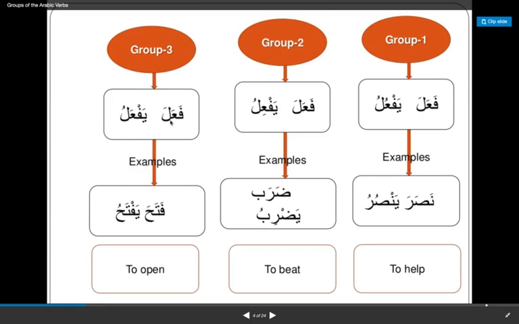So we have fa'ala, fa'ala, fa'ala, no change, but in the present tense each time we change the haraka. Here we have a dhamma, here a kasra, and here a fatha. Example: fataha, yaftahu. It means to open. So we have 3 groups, and these are 3 models of verbs. Some follow this group, others follow that group, and others follow this group.